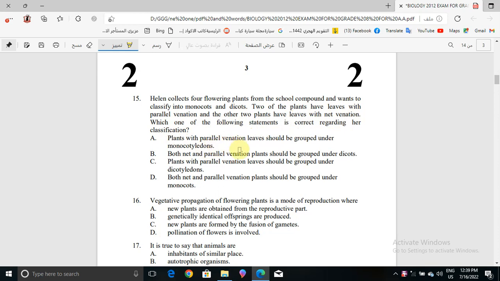Plants with parallel venation leaves should be grouped under monocotyledons, or both net and parallel venation plants should be grouped under dicots, or plants with parallel venation leaves should be grouped under dicotyledons, or both net and parallel venation plants should be grouped under monocots. The correct answer for this question will be A. Plants with parallel venation leaves should be grouped under monocotyledons, and the net venation will be for the dicotyledons. So the correct answer for question number 15 is choice A.